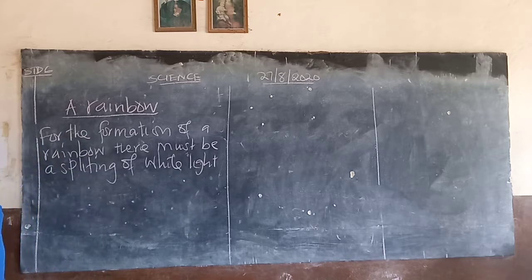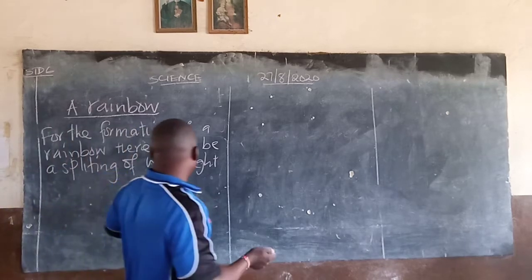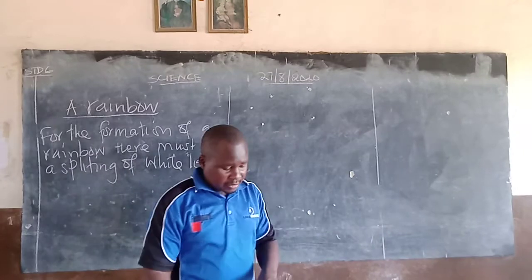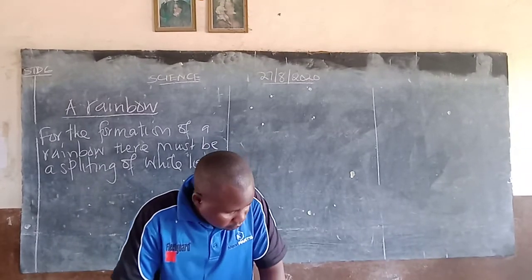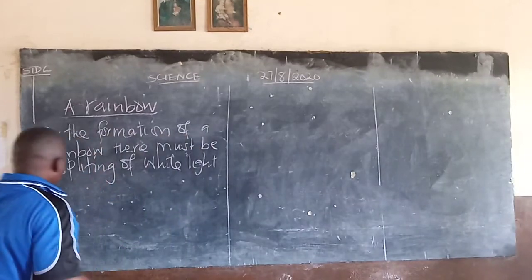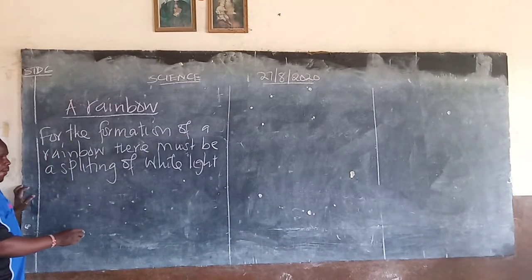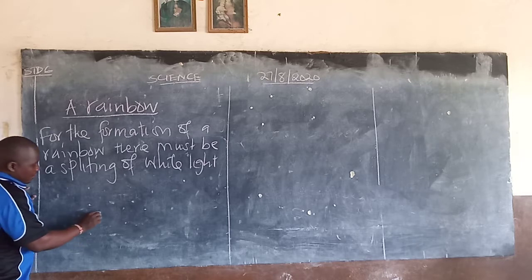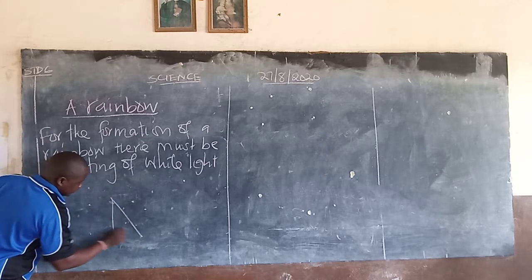Now, how is this happening? How does the splitting of white light occur? For example, we can have something like this.